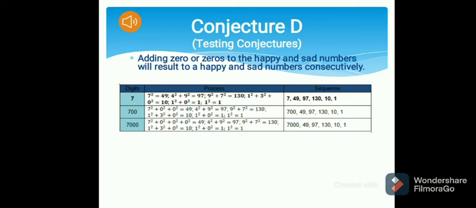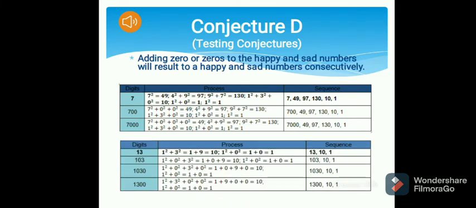We have here the number 13, and we put the 0 in the middle of the 1 and 3, and as a result, we also get 1. So even if we put the 0 in the middle, in the beginning, or at the end of the number, we can still get the result 1.